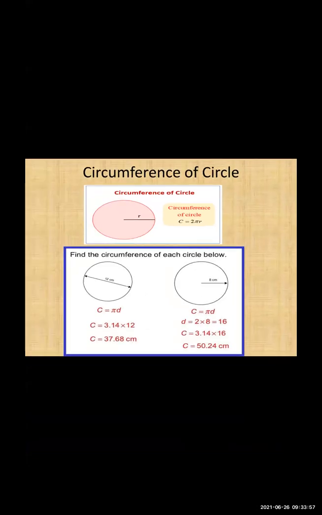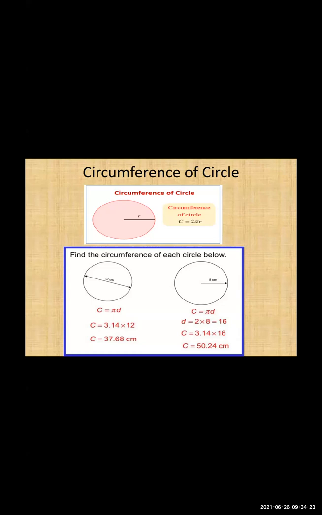Again, for circumference or perimeter, whatever the side unit is given, that unit only will come. If it is centimeter, centimeter will come; if meter, meter will come. For circumference, perimeter or side, this is the same. Only for area, your unit gets changed.